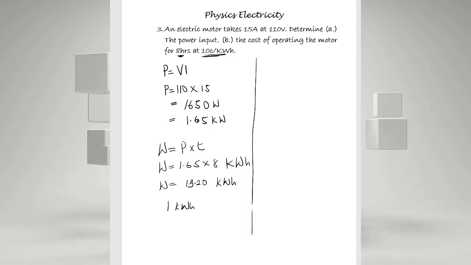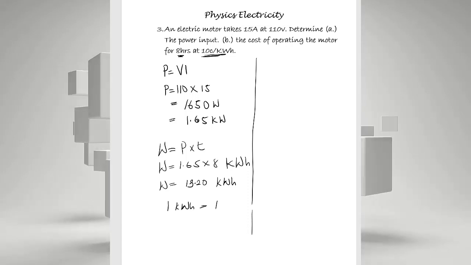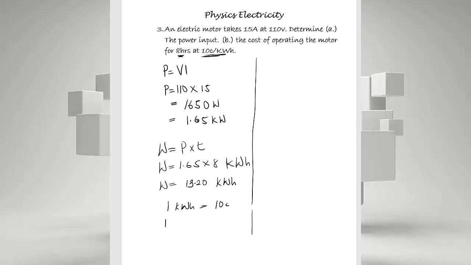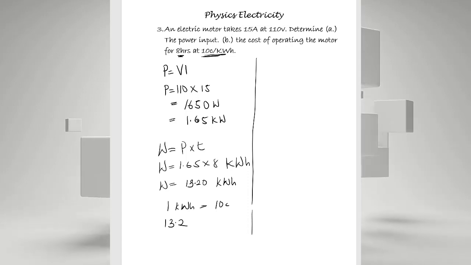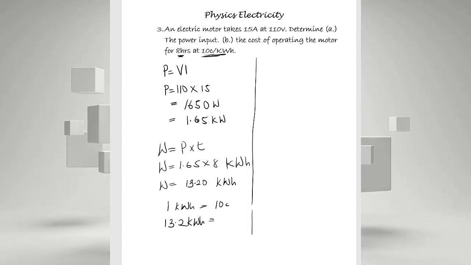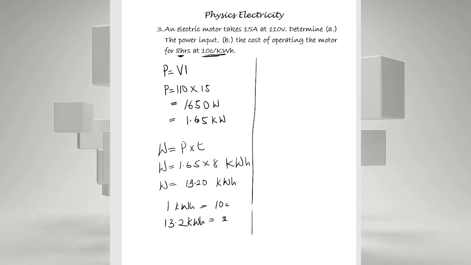So 1 kilowatt hour is equal to 10 cents. Therefore, 13.2 kilowatt hour will be equal to X.